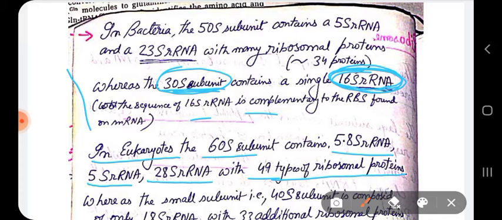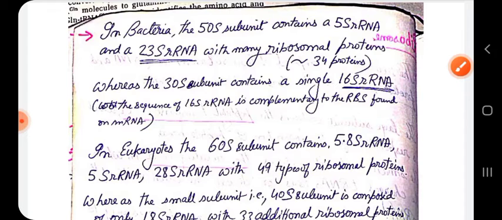If you see the eukaryotic ribosomes, the large ribosomal subunit, also called the 60S subunit, has 5.8S rRNA, 5S rRNA, 28S rRNA, along with 49 different types of ribosomal proteins.